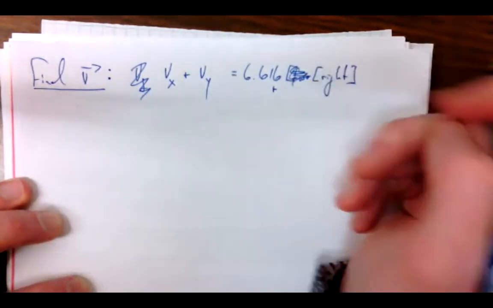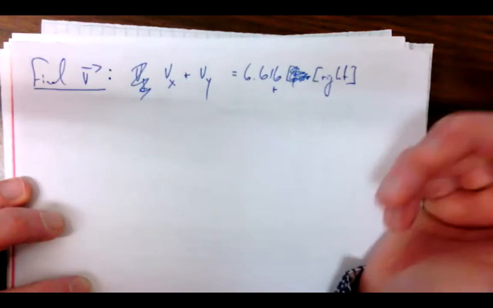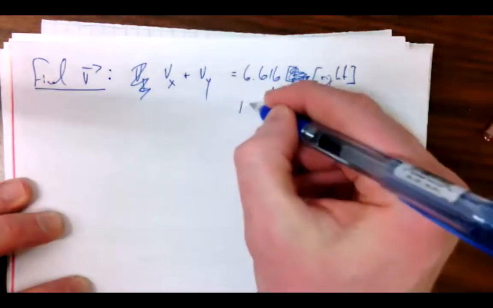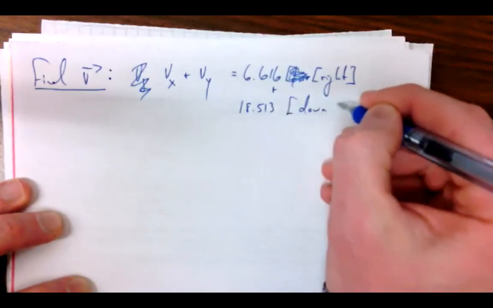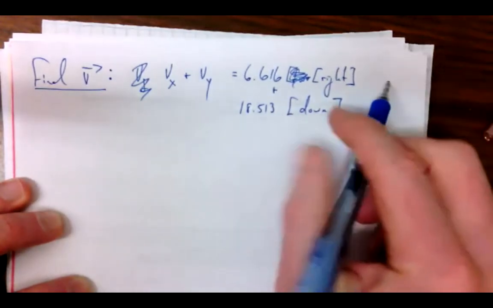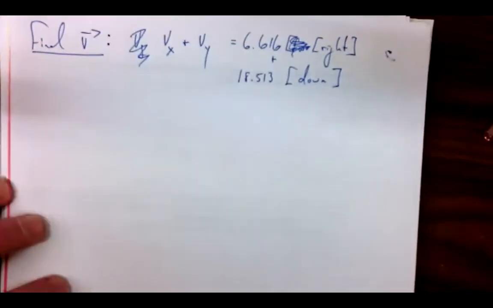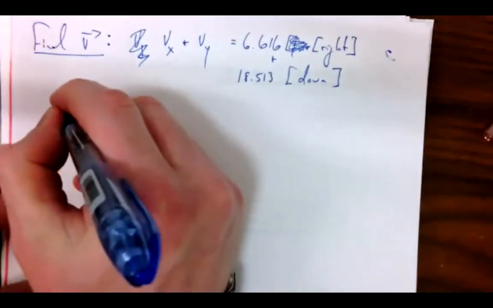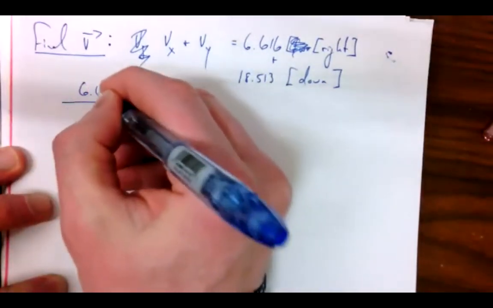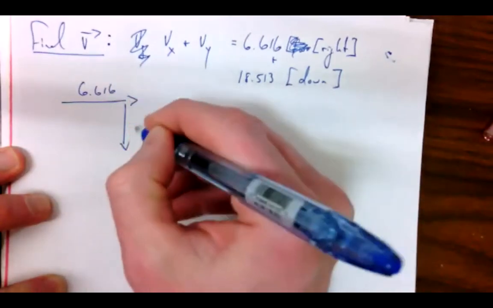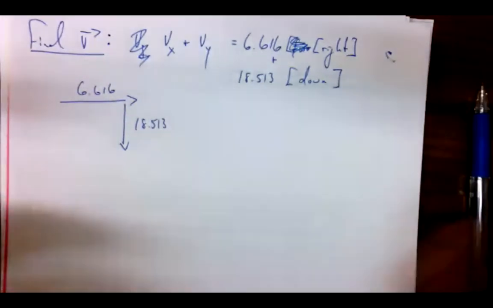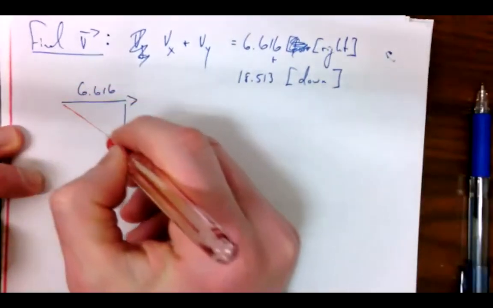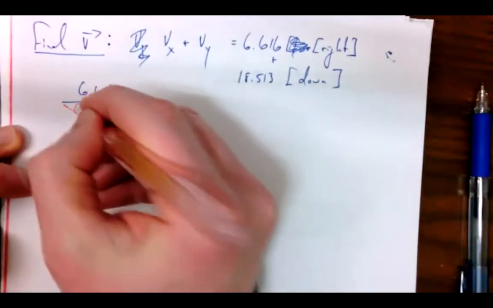Plus the vertical part is 18.513 down, which means we're doing component vectors. So we do 6.616 across, 18.513 down. So we need to solve for this.